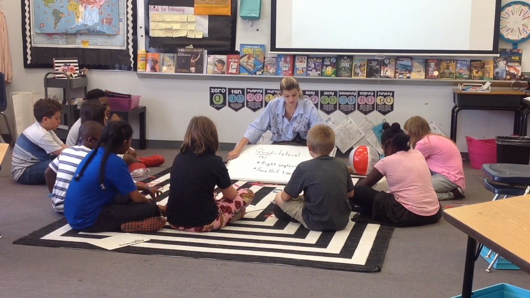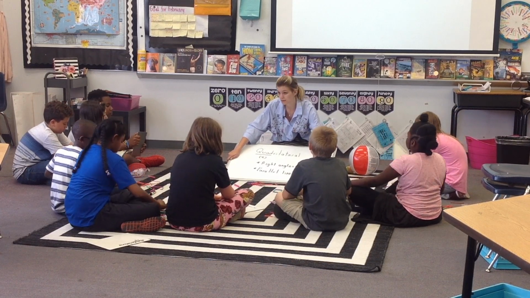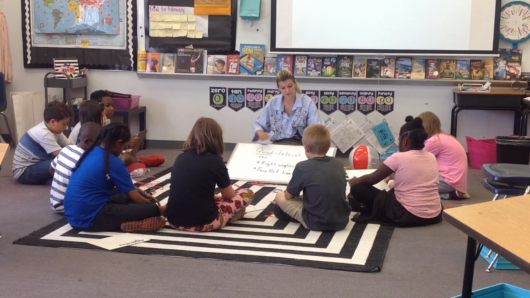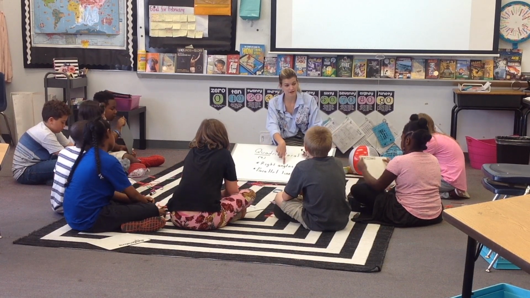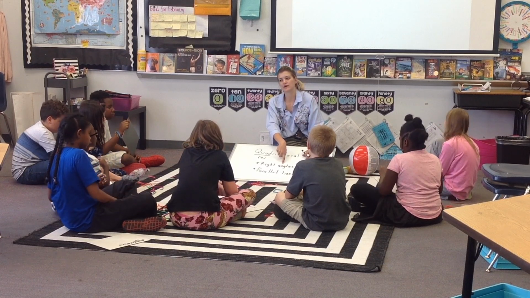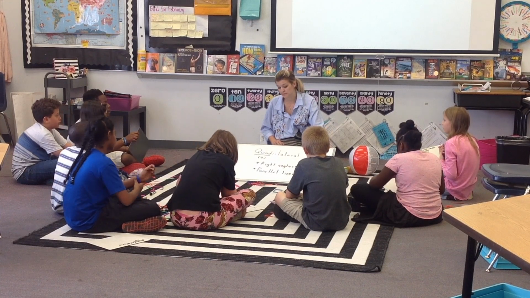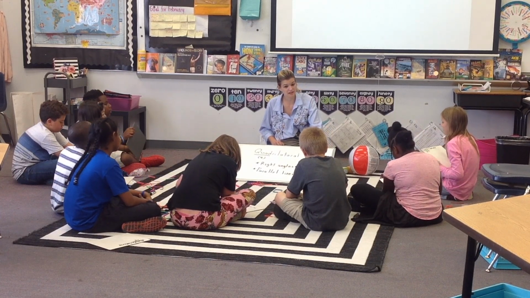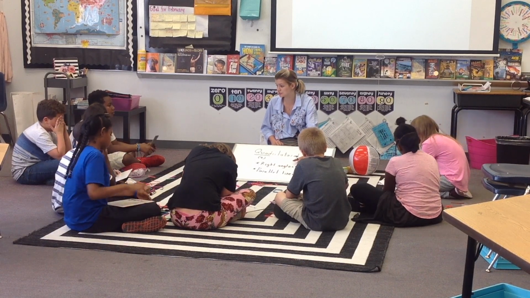Good, Anastasia. Okay, this is what I've heard so far. Right angles are found in this rectangle. How many right angles are found? Four. But you guys know whenever there's a right angle, that means there's perpendicular lines. Good.